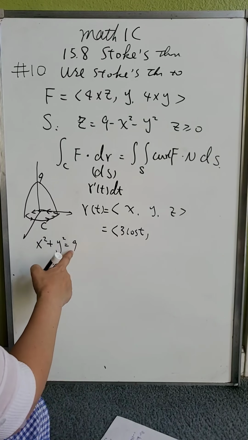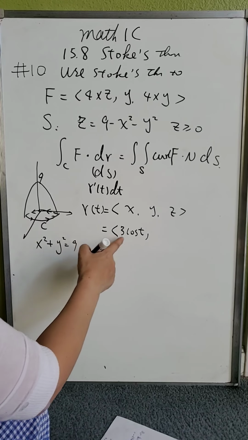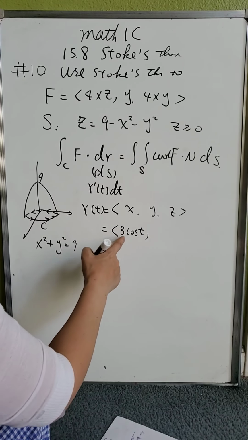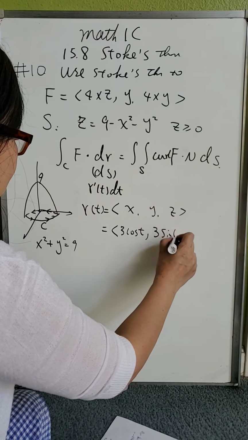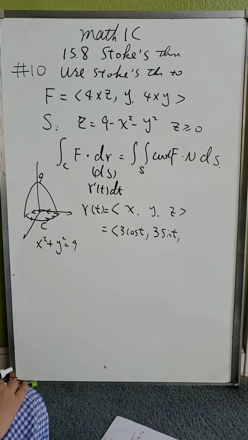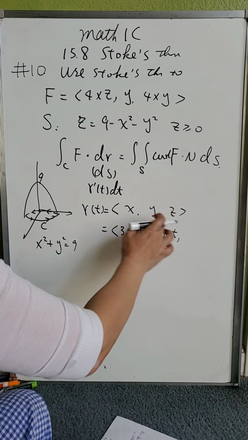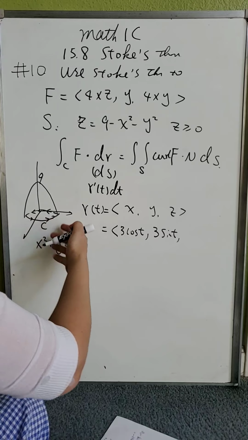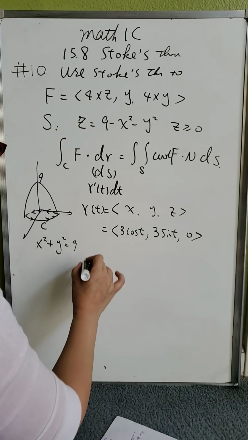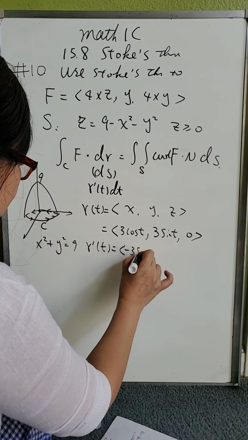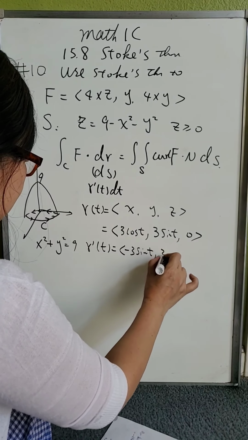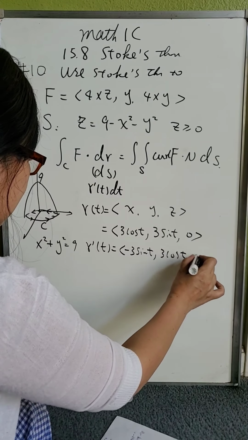Sometimes people forget to take the square root of that. Make sure you take the square root of this, okay? Don't put the 9 here, it's a 3. I can see that mistakes come from small mistakes, like algebra mistakes, and it's not worth it, okay? Now this time your z is on the xy plane, so that's equal to 0. And then r prime t equal to negative 3 sine t, 3 cosine t, and then 0.